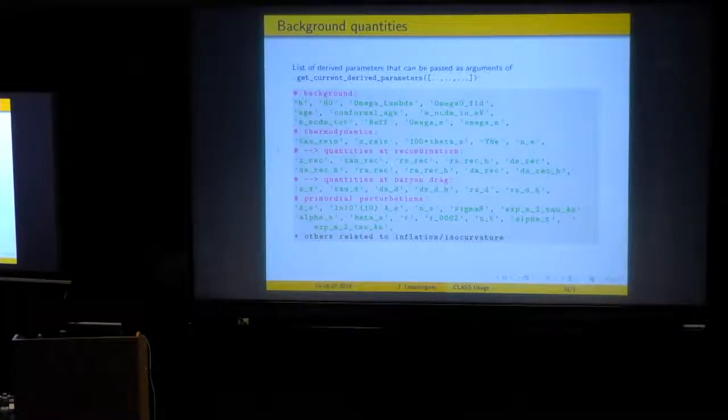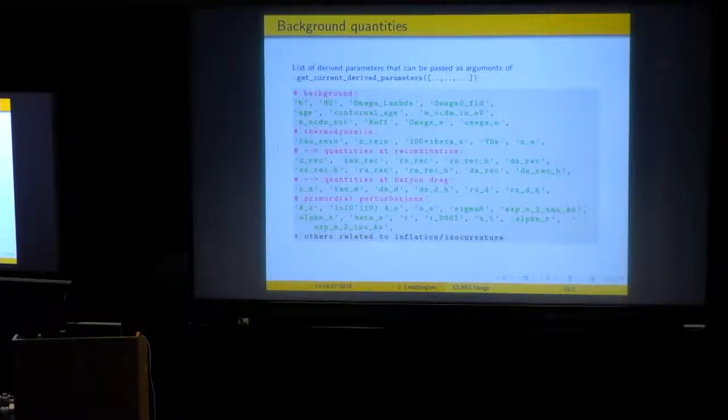So you have, for instance, rs_rec and ds_rec, the sound horizon at recombination, co-moving or physical, and you know that they will differ by a factor of the scale factor at recombination, a_rec. The same for the angular diameter distance. You have the co-moving one and you have the physical one. And there are many others like this.